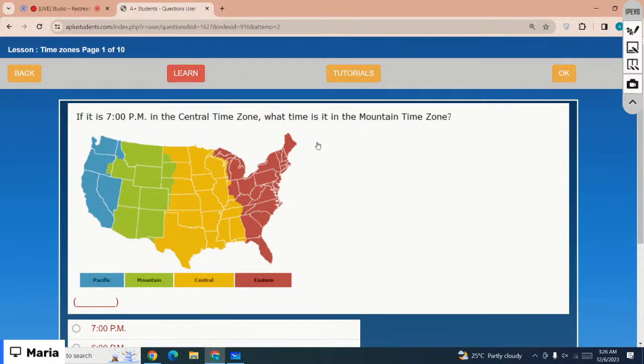Basically, the Mountain zone is 1 hour behind the Central zone, right? So in Central zone it is 7 p.m. So that means in the Mountain zone it is 6 p.m. The correct option is 6 p.m.